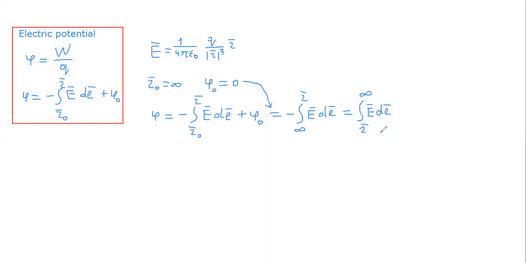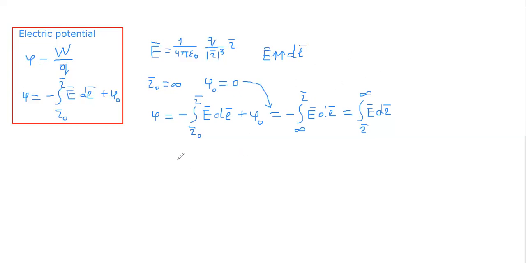So let's do this. How to choose the path? The best way is to choose this path according to the condition that is shown here, E parallel to DL. What does it mean?